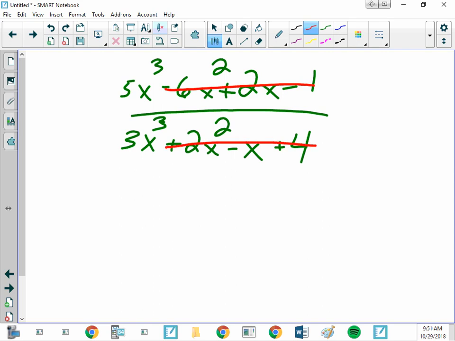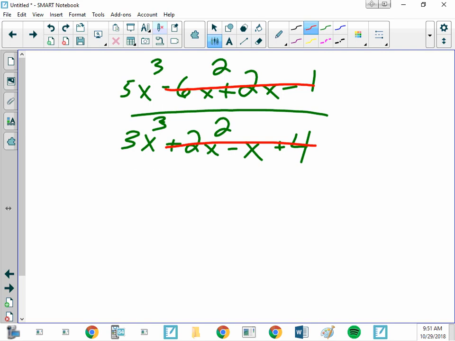And do you guys understand that concept? Do you see that eventually 5x to the third is so much bigger than the rest of the equation that we don't need the rest of the equation? Now, in the middle of the graph, we certainly need all of it. But on the edges of the graph, really only the first one matters. Okay? And then on the bottom, we can also cross off everything but the 3x to the third.